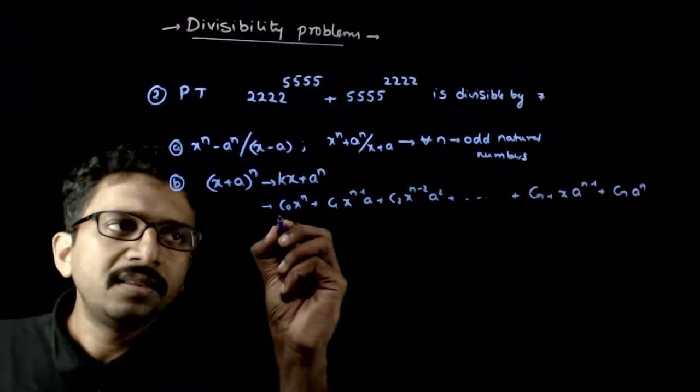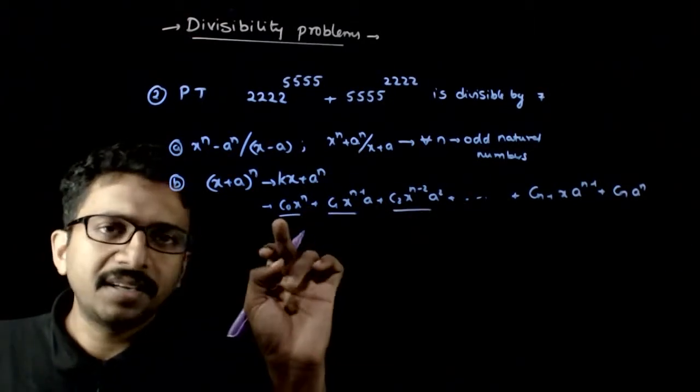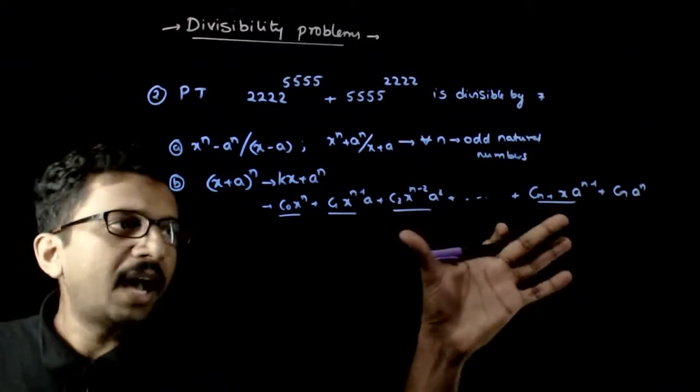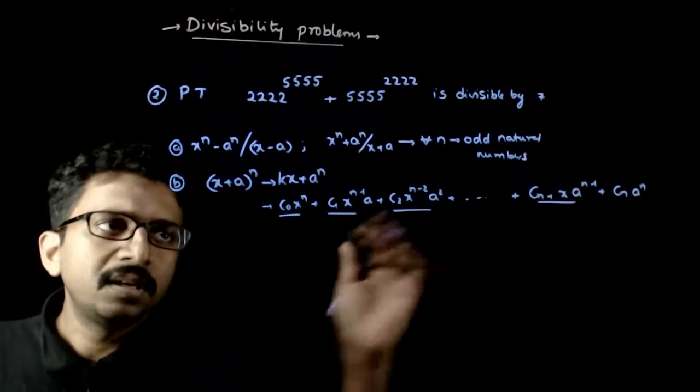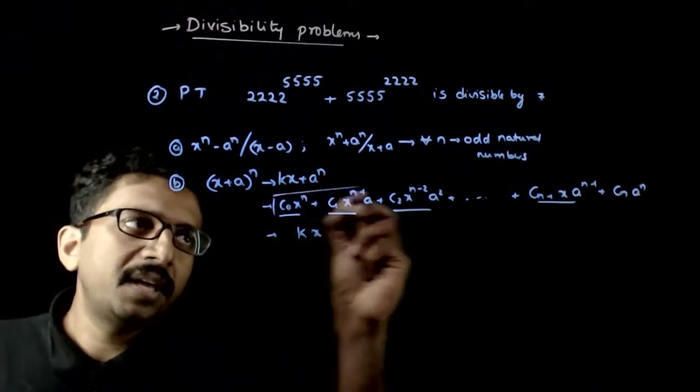So can you see that this term contains an x, this term contains an x, this term contains an x, that is, all these terms till the penultimate term are divisible by x. So all these terms can be written as some k times x.